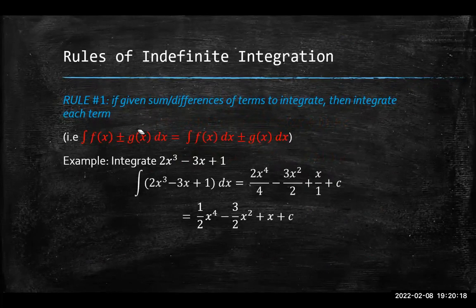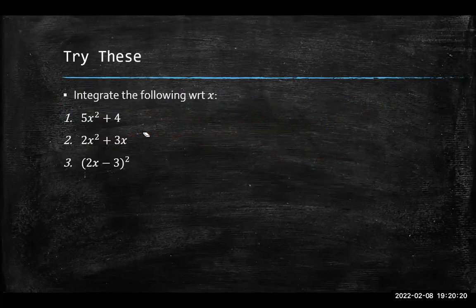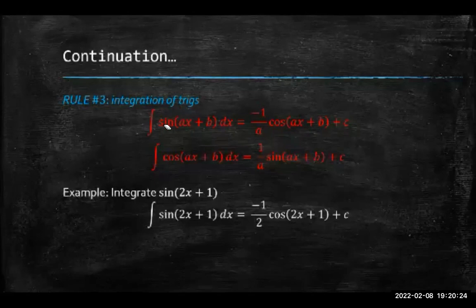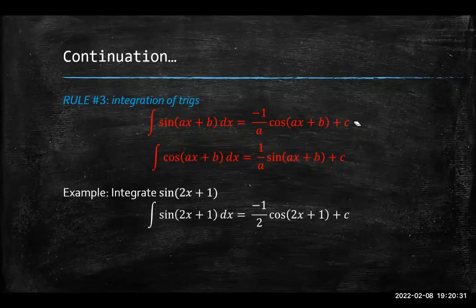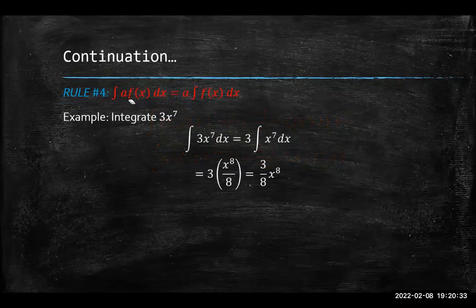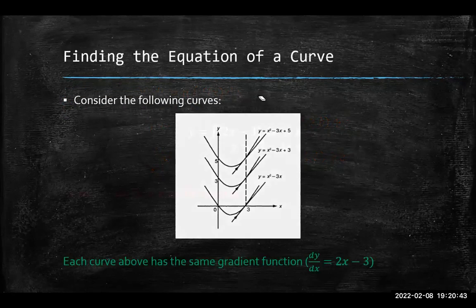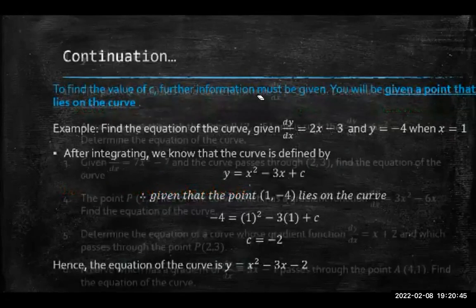That still applies for definite integration, so don't forget that. When integrating the trigs, it's still this rule, just leave out the plus c. And like I said, with the constant, you're still pulling out the constant, integrating like normal, then multiplying your answer by the constant, right? So just follow the rules and you get to it.